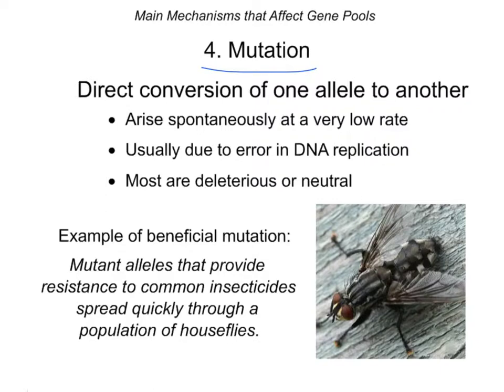There are not that many examples of beneficial mutations. There are some, such as mutant alleles that provide resistance to insecticides. Those kinds of mutations will spread very quickly through a population of houseflies. I think that's probably pretty obvious why that would happen. That would be very beneficial to those houseflies.